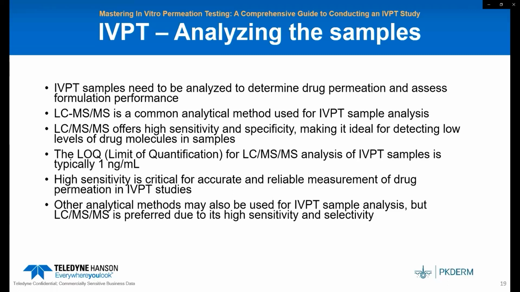So high sensitivity is critical for accurate and reliable measurement of drug permeation in IVPT studies. Other analytical methods may also be used for IVPT sample analysis, but LC-MS-MS is often preferred due to its high sensitivity and selectivity.